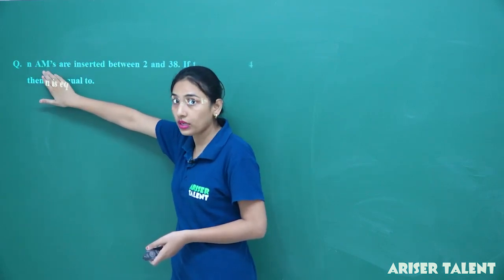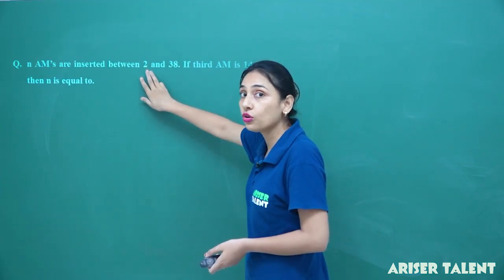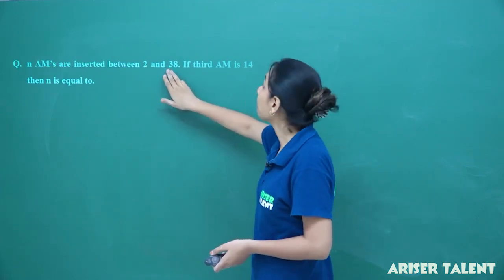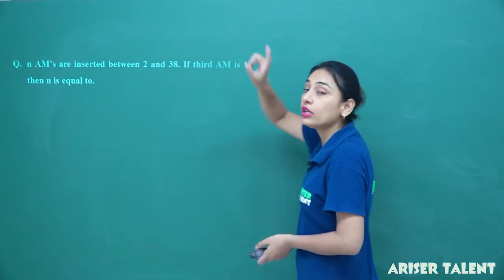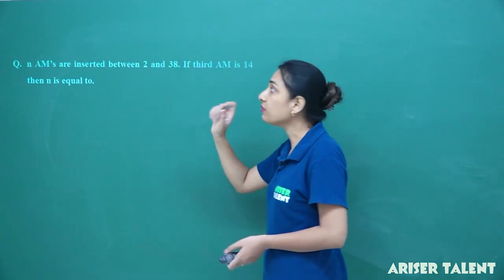The question: n arithmetic means are inserted between 2 and 38. So A is 2, and 38 is B. If the third AM is 14, then n equals what? Why is the third AM given? It has some function.